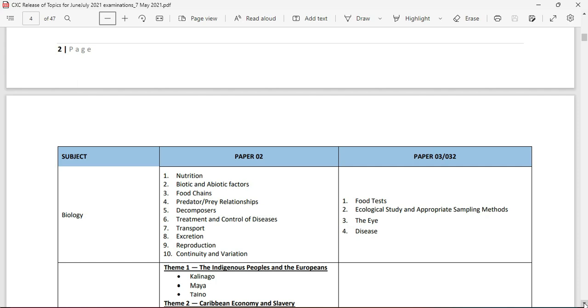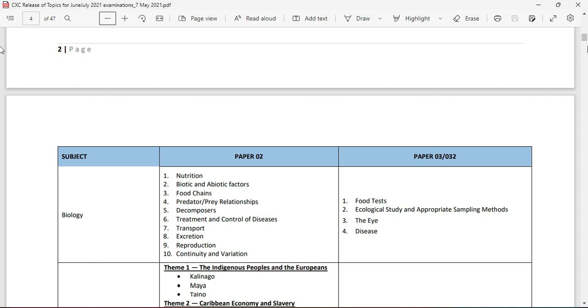Now, be reminded that the broad topics are pretty much relevant for paper 2 and paper 3. The entire syllabus will be covered on paper 1. So just a reminder, this is what we had as the broad topics last year for biology.